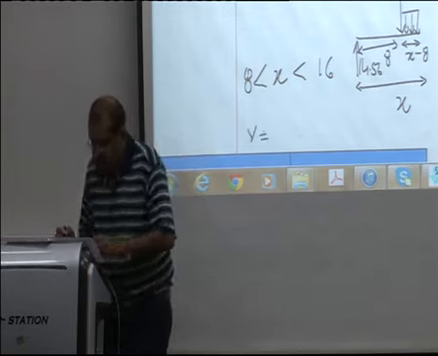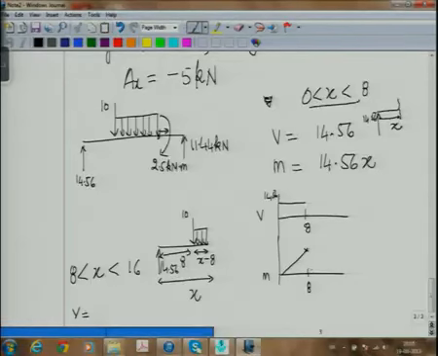What is the shear force? Let us start now. We have 14.56, so we will have plus 14.56. Then we have minus 10, so because of this 10 we get minus 10. What is the next thing? X minus 8. This is downward, so we will get minus of, now this is 2 kilonewtons per meter.